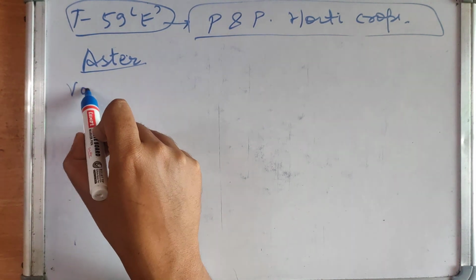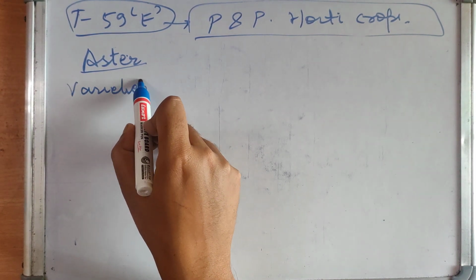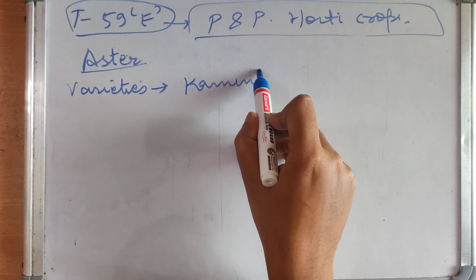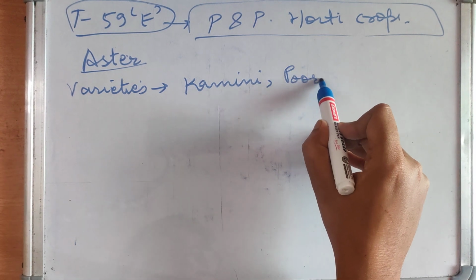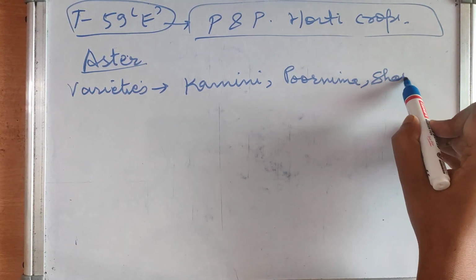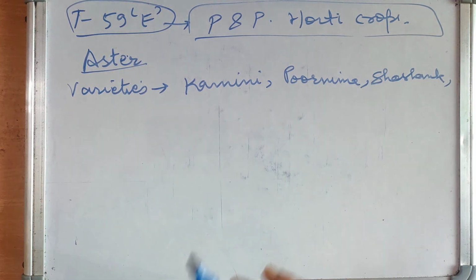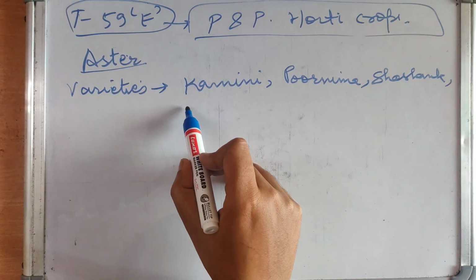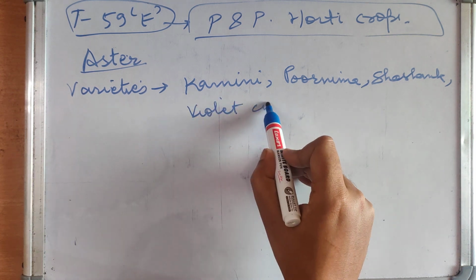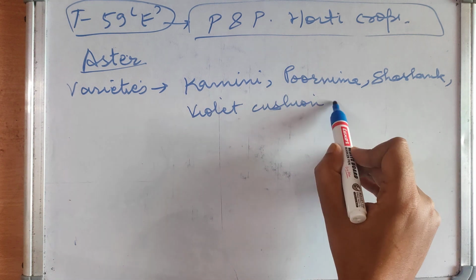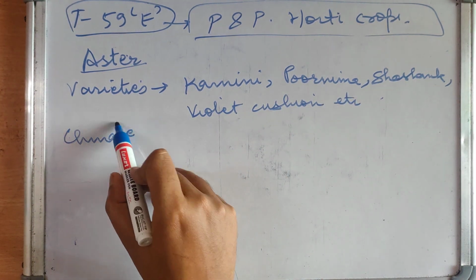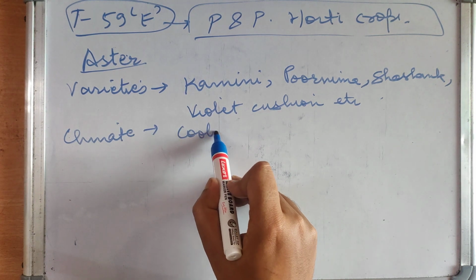So what are the varieties of aster? Production technology of aster. Varieties of aster are Kamini, Purnima, Sasank, Violet Cushion, etc. Moving to its climate, it prefers cooler climate.